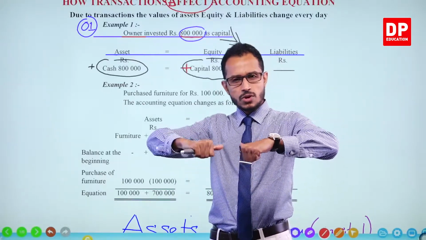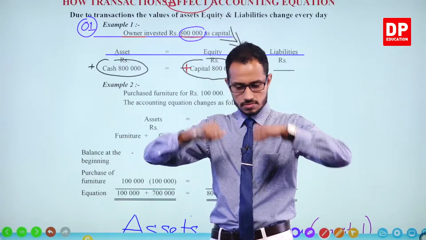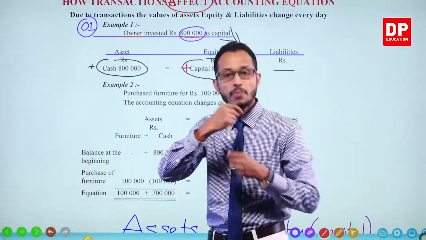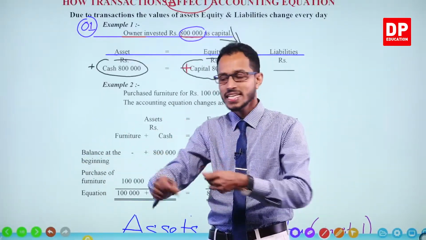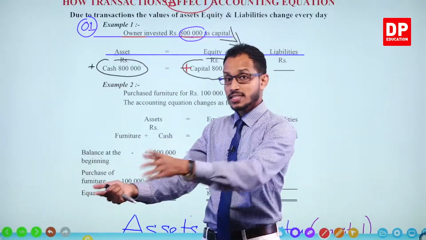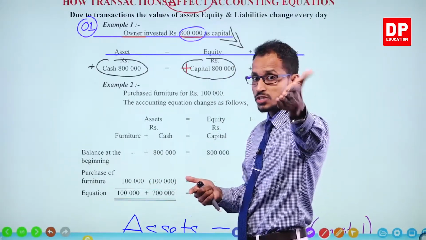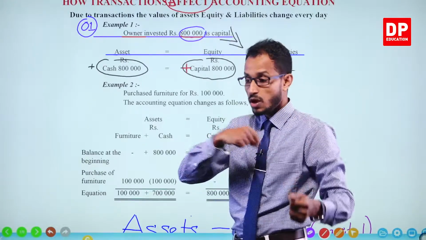If you consider me as the owner, I invested 800,000 from my pocket or from my bank account, my personal money, and you got it because you are inside the business. You are the accountant. You are doing accounting. You are recording the transactions, and you got that money.